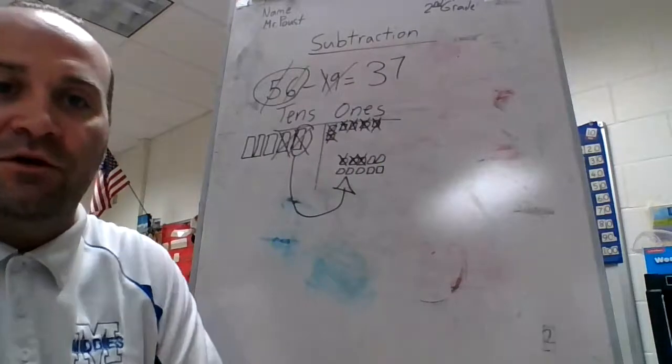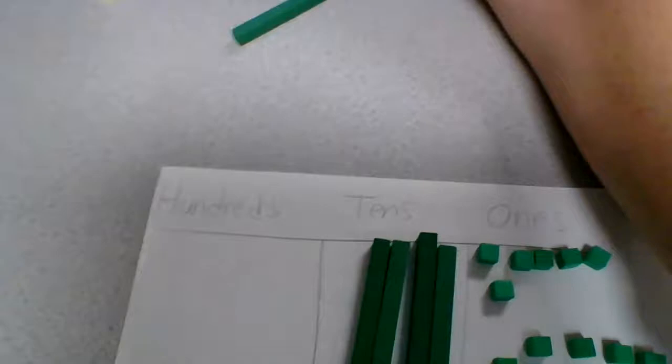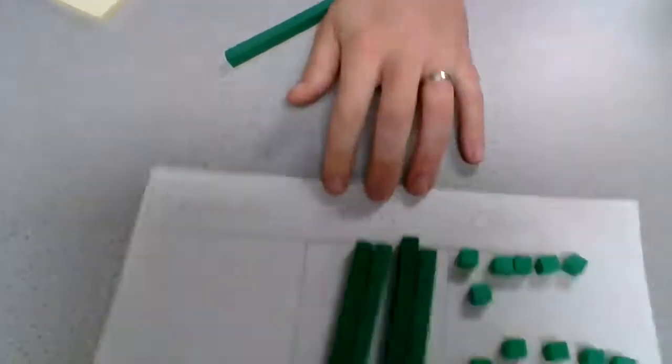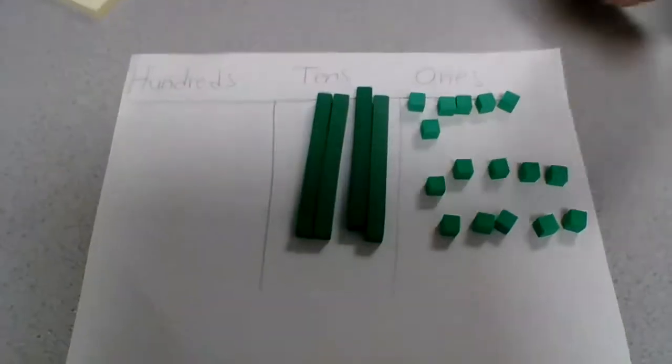Now let's see how this looks on our manipulative chart. Okay, so we said that we wanted to subtract 9 ones, right? That was the goal. And now we have enough to subtract from them.